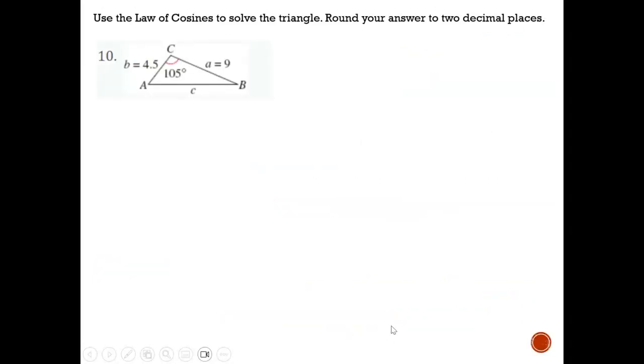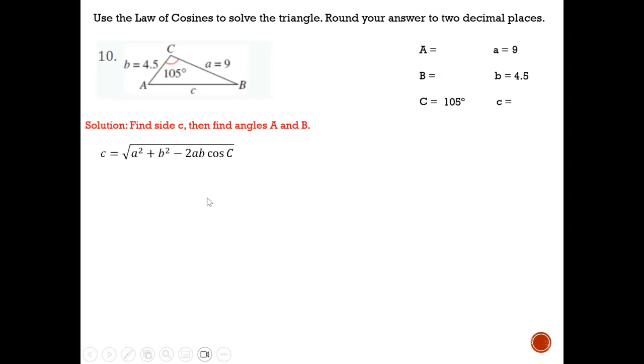Okay, now let's do one more. Use the law of cosines to solve the triangle. Round your answer to two places. Let's see what's given. They give us angle C is 105, side A is 9, and side B is 4.5. We need to find side C and angles A and B. How can we find side C?